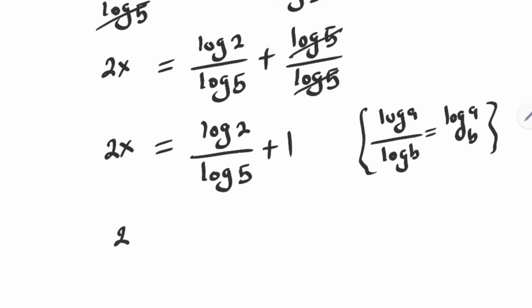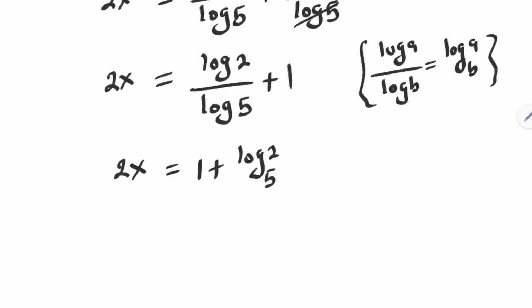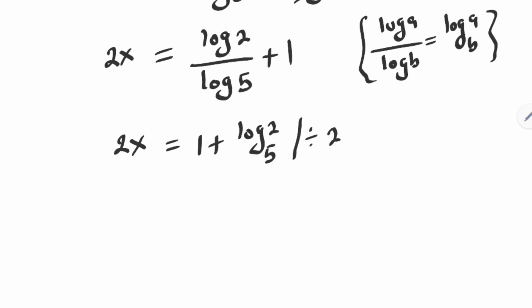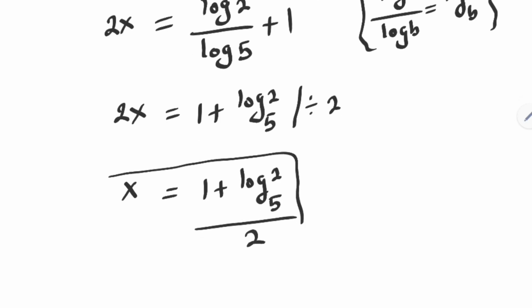Then we have 2x is equal to 1 plus log 2 base 5. But we are looking for the value of x. Let us divide the whole of this equation by 2. Then we have x will be equal to 1 plus log 2 base 5 over 2. And this is the final answer.